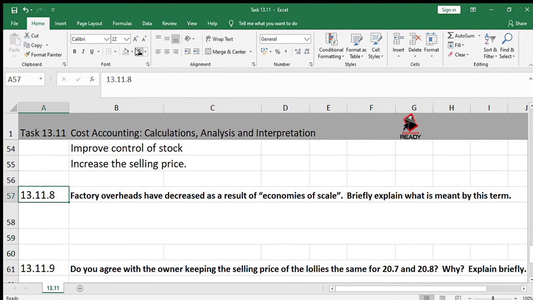13.11.8 Factory overheads have decreased as a result of economies of scale. Briefly explain what is meant by this term. Okay, so economies of scale. What economies of scale means is that as more units are produced, the overhead costs become lower per unit.